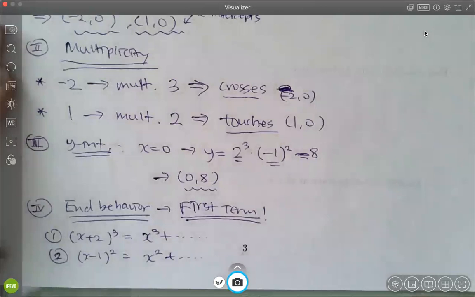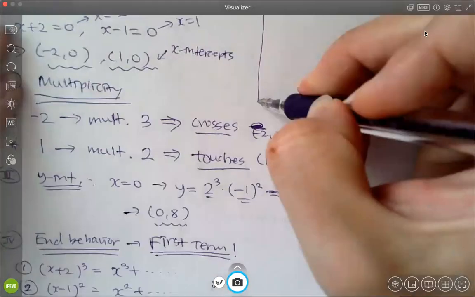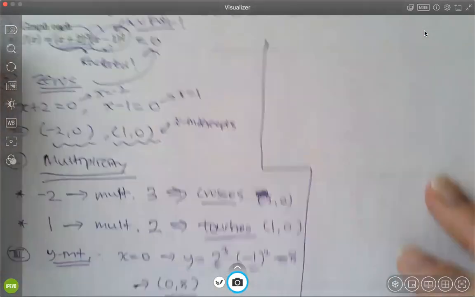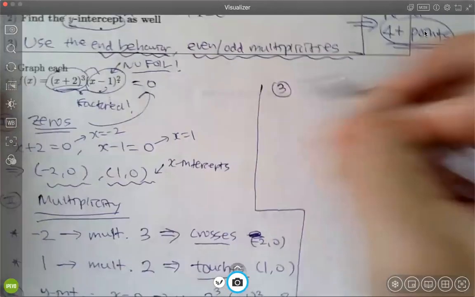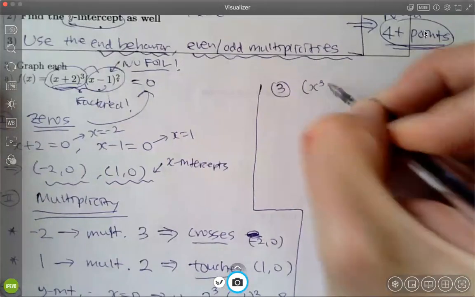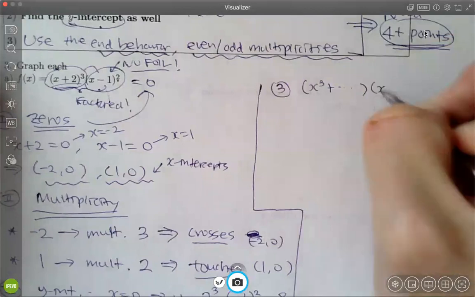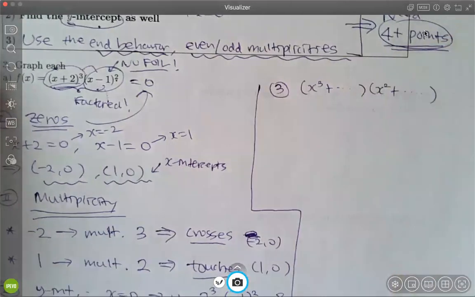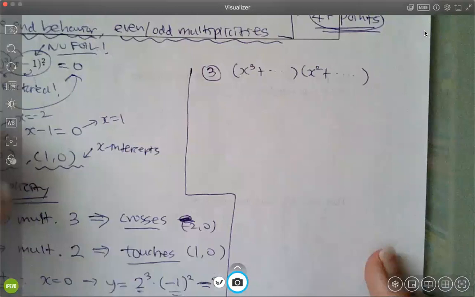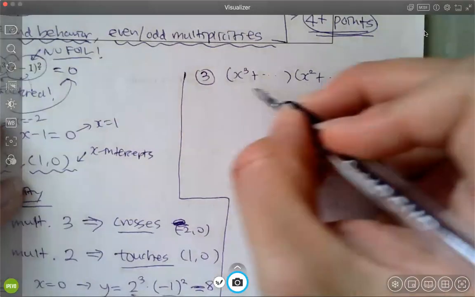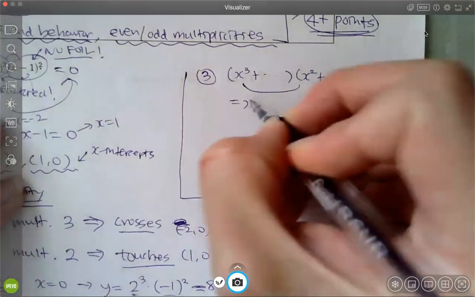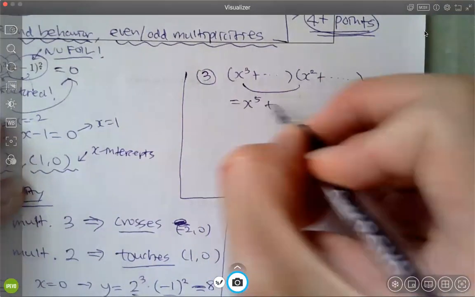And then finally what you are doing is what? You have x cubed times x squared plus something, right? So when you multiply, what do you get? That's the first term, x to the 5th power, and then plus whatever.